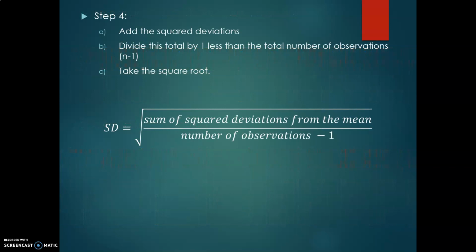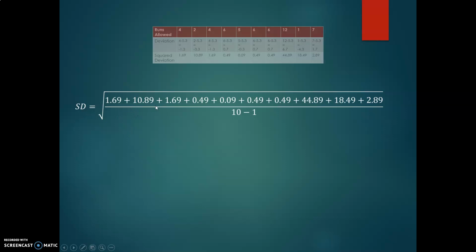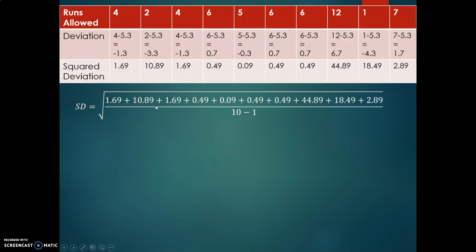Now is where it gets a little crazy. We're going to take the sum of all those squared deviations, and then we're going to divide by the number of observations minus 1. We'll show you exactly what that looks like on the next slide. We're going to take all those values, 1.69 plus 10.89 plus 1.69 plus 0.49 plus 0.09, and so on and so forth, all the way to the end.